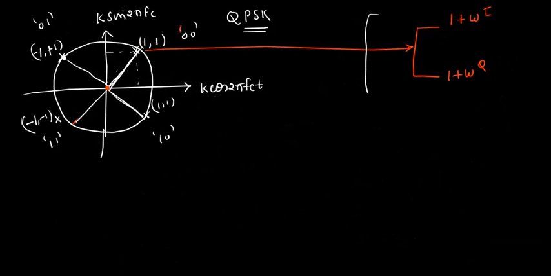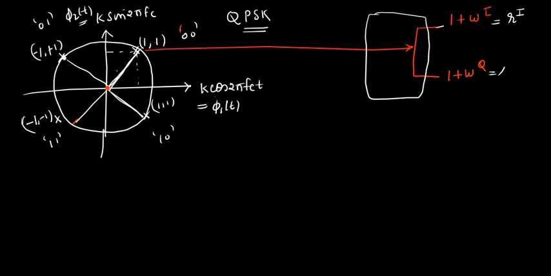So after passing it through a box, which is a correlator filter, you will get this, right? This is phi 1(t) for you, and this is phi 2(t). So you have implemented a correlator filter, integrated it, and you have found it. Together you can call it: this is Ri and this is Rq.